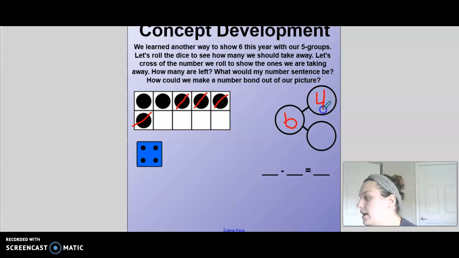That's one of my parts. And I have 1, 2 left. Okay? So now I'm going to write my number sentence. 6 minus the 4 I took away equals the 2 that I have left.